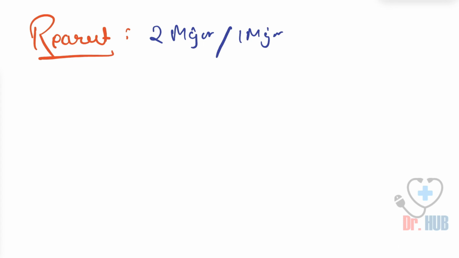How do you differentiate it from the recurrent? In case of recurrent ARF, we need to look for two major criteria, or one major and two minor, or three minor criteria.